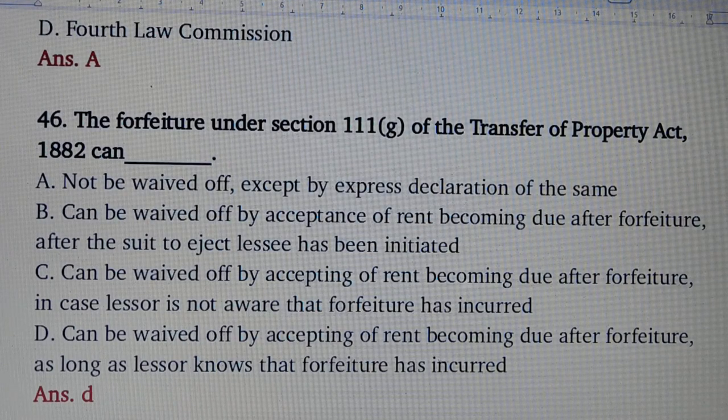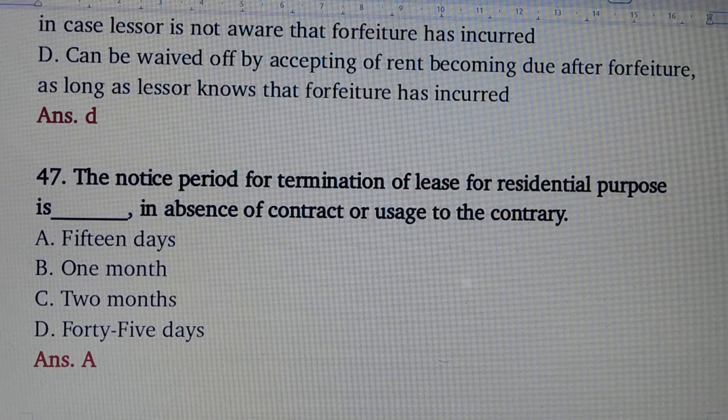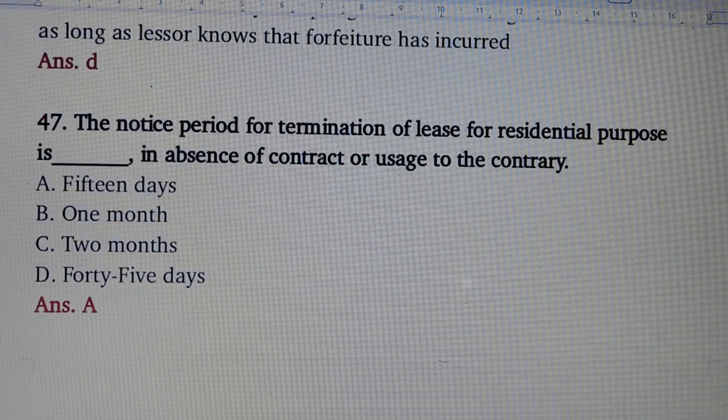Answer is option number D, can be waived off by accepting of rent becoming due after forfeiture as long as lessor knows that forfeiture has incurred. Question number 47. The notice period of termination of lease for residential purpose is dash in absence of contract or usage to the contrary. Answer is option number A, 15 days.